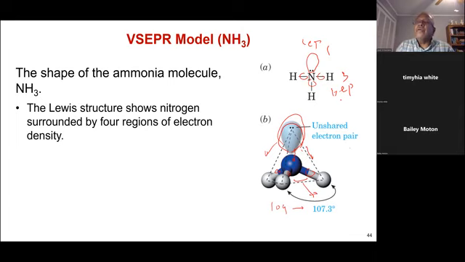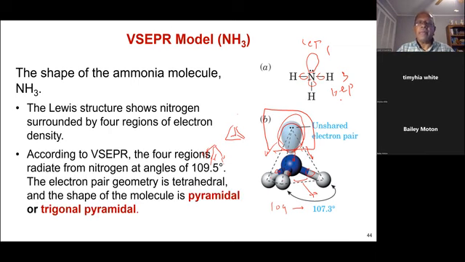So therefore, we call this molecule not tetrahedral. When you tell the shape, you don't see the electrons. You see only the atoms. 3 atoms. That's the shape. This shape is a pyramid. So molecular shape is decided by atoms, how we see atoms.